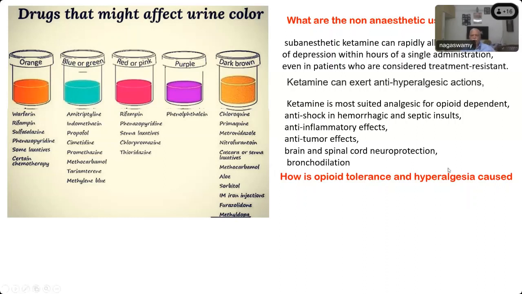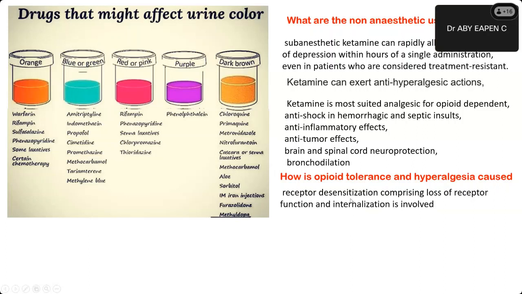Mainly, it is receptor desensitization. Another mechanism is called internalization of the receptor. The opioid receptors become desensitized. They don't get stimulated by the drug anymore, and that produces tolerance, so you have to keep on increasing the dose.